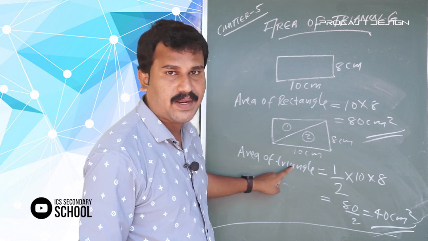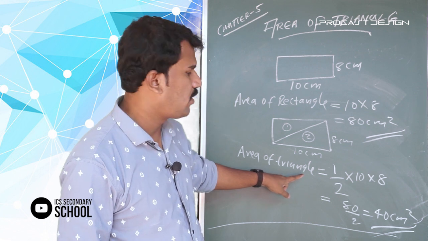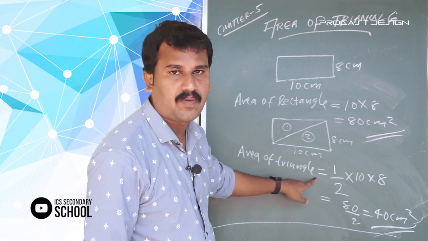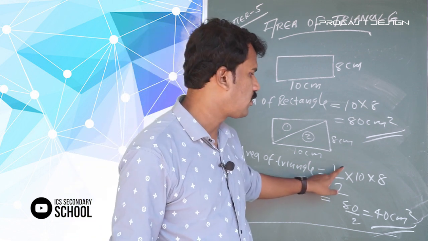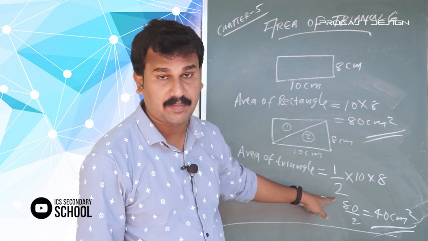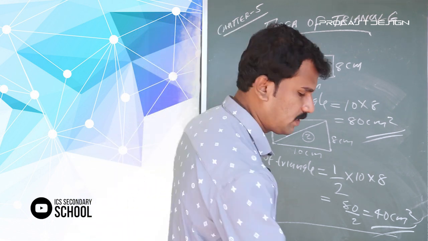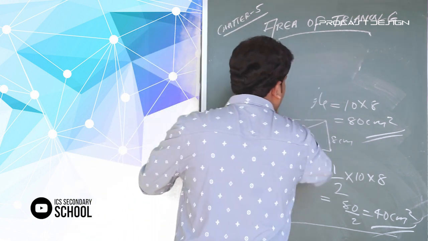Then the area of a triangle is half the area of the rectangle, that is half into 10 into 8, equal to 14 centimeter square. That is the area of a triangle. Okay, got it? Yes.